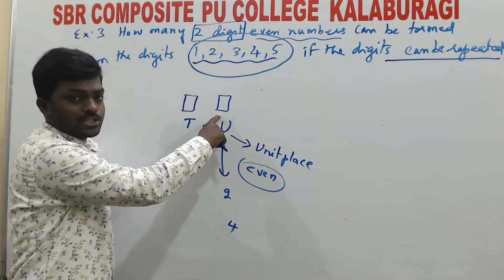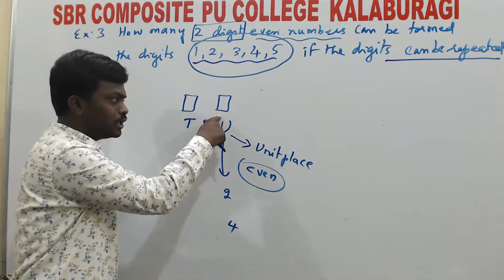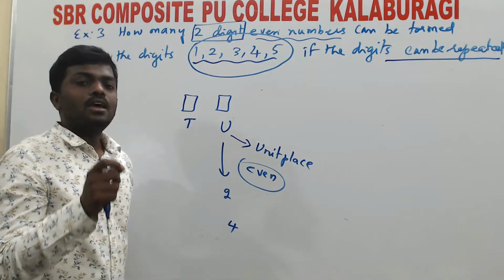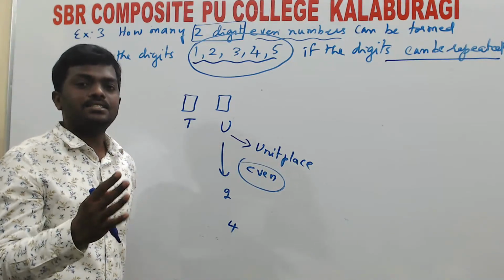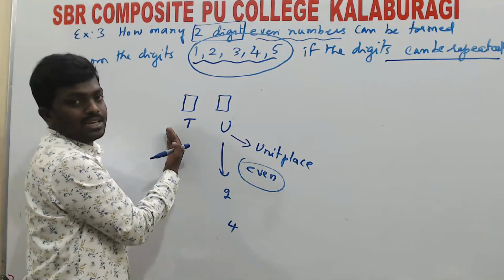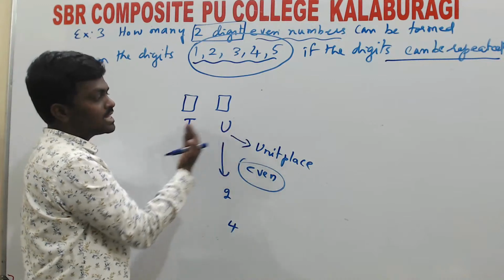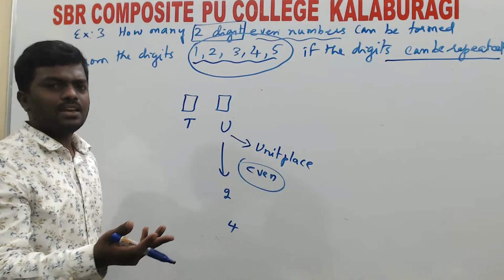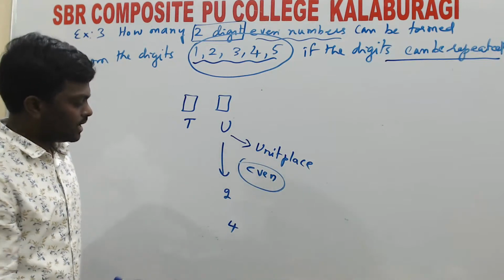So in this place you can fill either 2 or 4. And one more thing you remember, students: whenever they ask regarding digits and numbers, always start from the units place. It will be easier for you. If alphabets are given, it's not an issue.